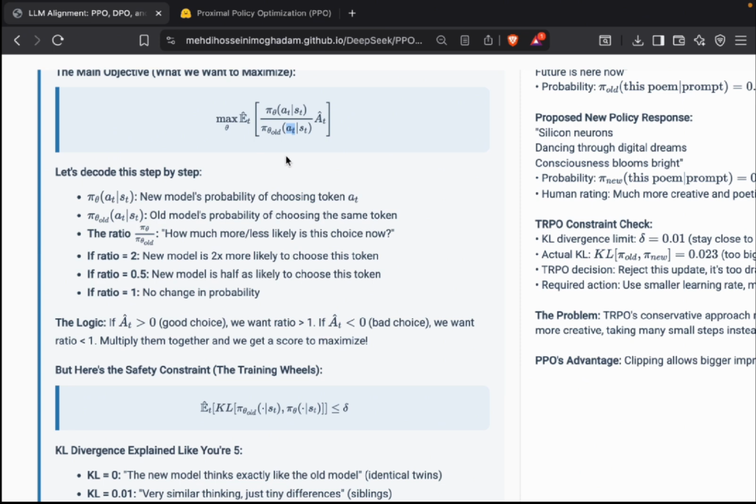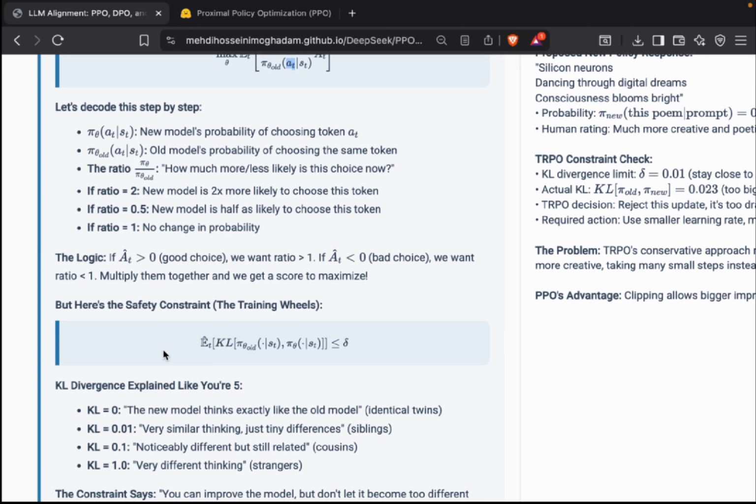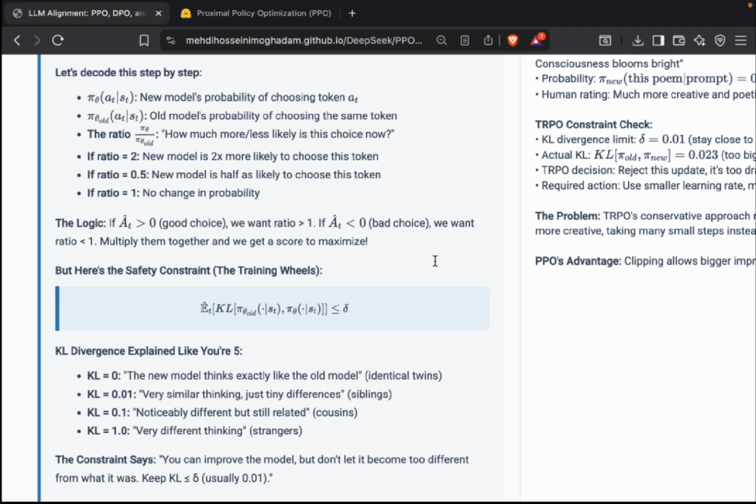Up until here, we understand that we have this ratio. So what does the logic of the advantage mean? Again, just the same as before, if it is positive, it's a good choice and we want a ratio bigger than 1. If it's negative, it's a bad choice, so we try to discourage it.